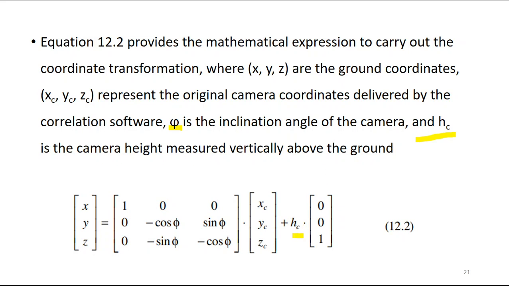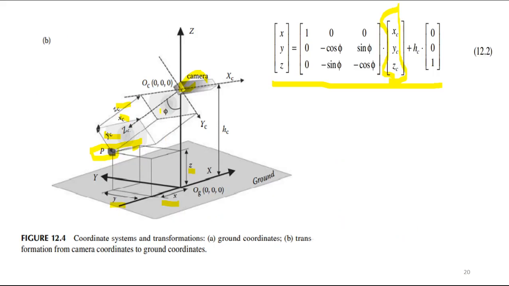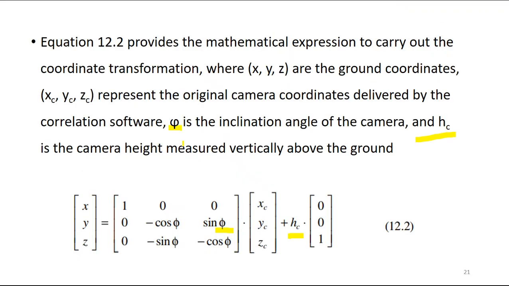You can see here that is the height of the camera, and the angle is the inclination of the camera. Back to here, you can see ψ is this angle, and hc is here, where your camera is installed on your tractor or somewhere. Okay, I stop here.